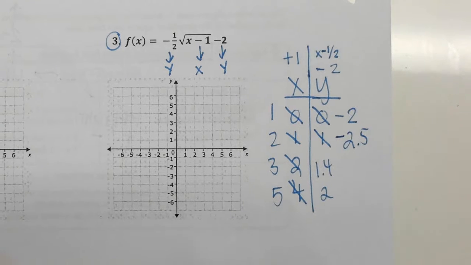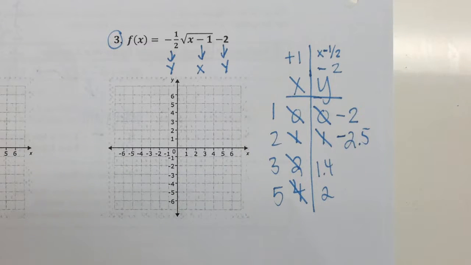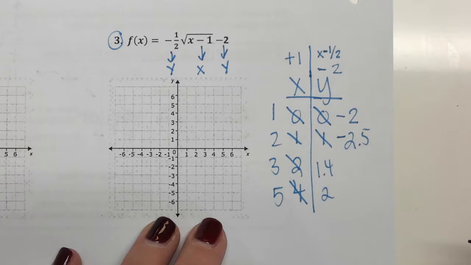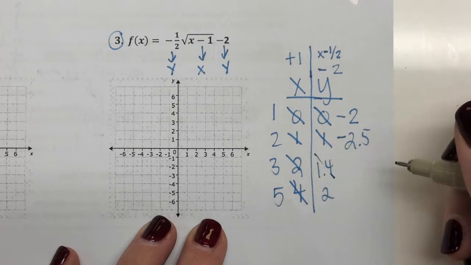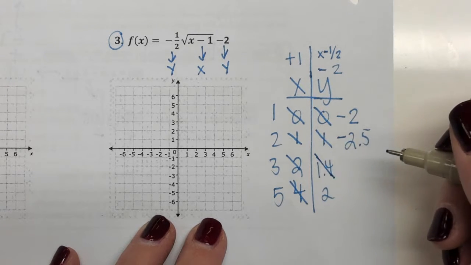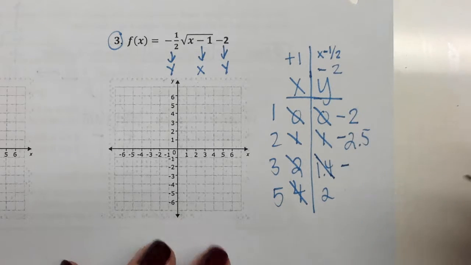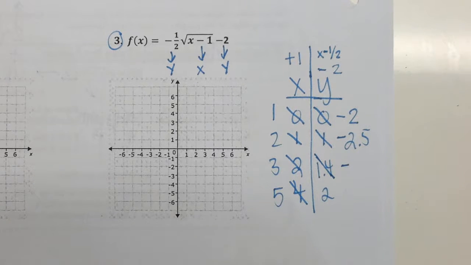Good. 1.4 times negative 1/2, minus 2. Go ahead and find that value. What'd you get? Try that one again. What'd y'all get on that one?